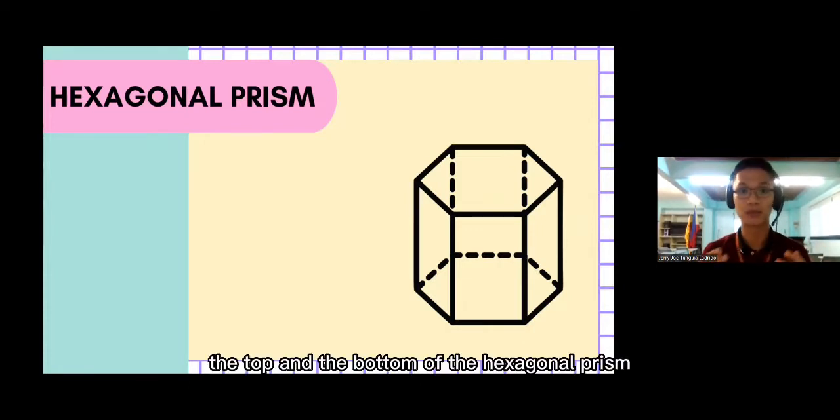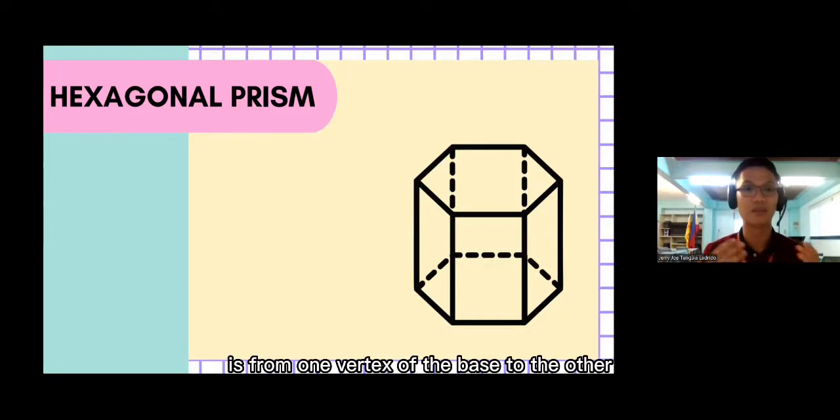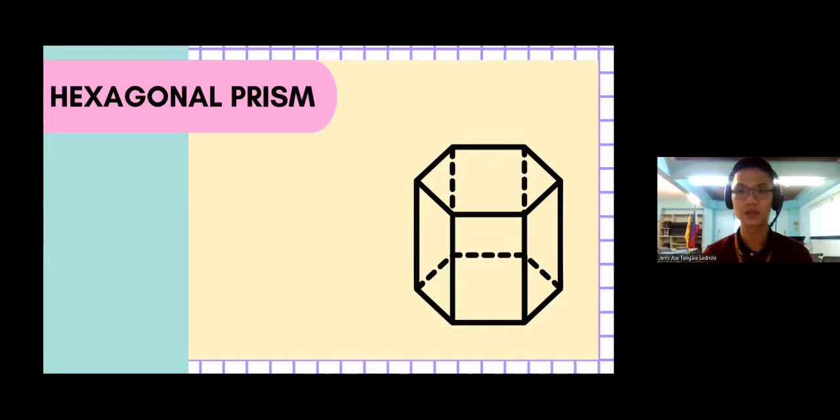The top and the bottom of the hexagonal prism are shaped as a hexagon and are equal to each other. In the hexagonal prism, the long diagonals always cross the center point of the hexagon, starting from the vertex of the base, whereas the short diagonals do not cross the center point, as the diagonal is from one vertex of the base to the other.